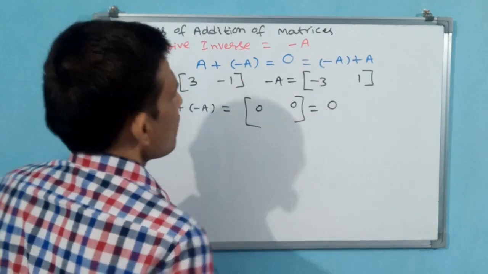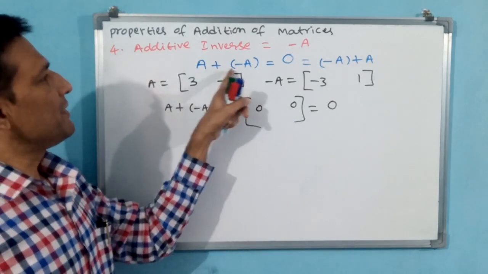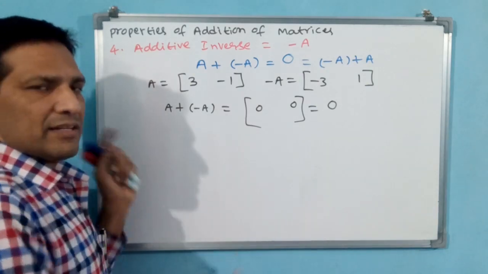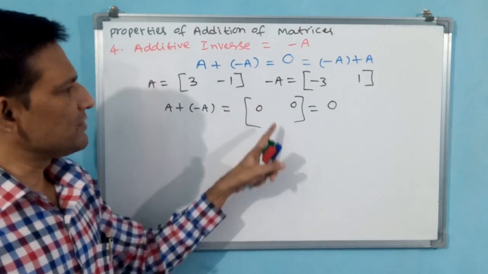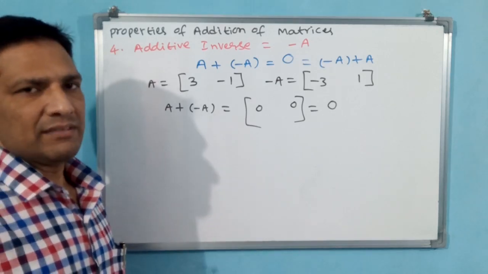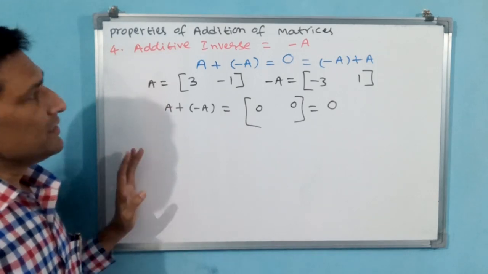What is this? O. A plus negative A, O has come. Even if you do minus A plus A, both give the same result, O. Why? Because minus A plus A is A minus A. That's all. This is additive inverse.